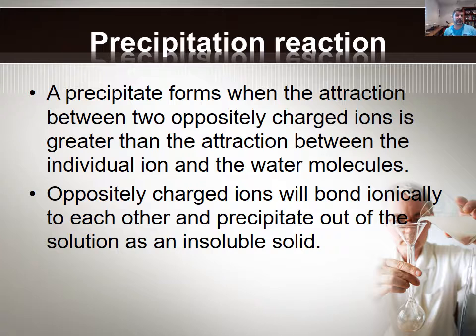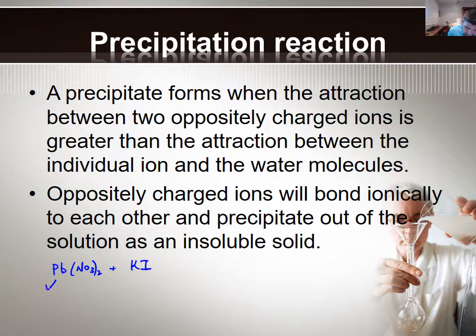However, sometimes a precipitate does form. And it forms when the attraction between two oppositely charged ions is greater than the attraction between the individual ion and the water molecules. So it's possible, for example, to add lead nitrate to potassium iodide.